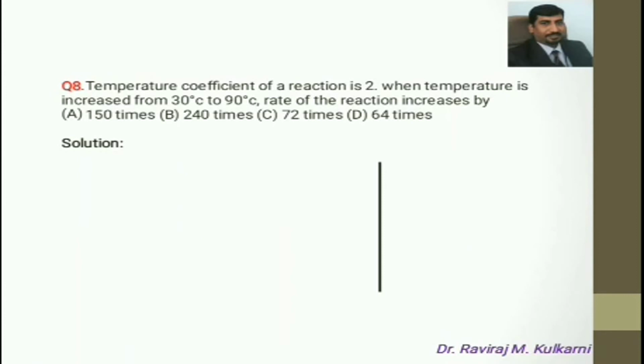Another question. The temperature coefficient of a reaction is 2. When temperature is increased from 30 degrees Celsius to 90 degrees Celsius, the rate of reaction increases by 150 times, 240 times, 72 times, or 64 times. So what is the solution? Temperature coefficient means K at T plus 10 divided by K at T. So every 10 degree rise, the reaction doubles or triples or whatever it is.